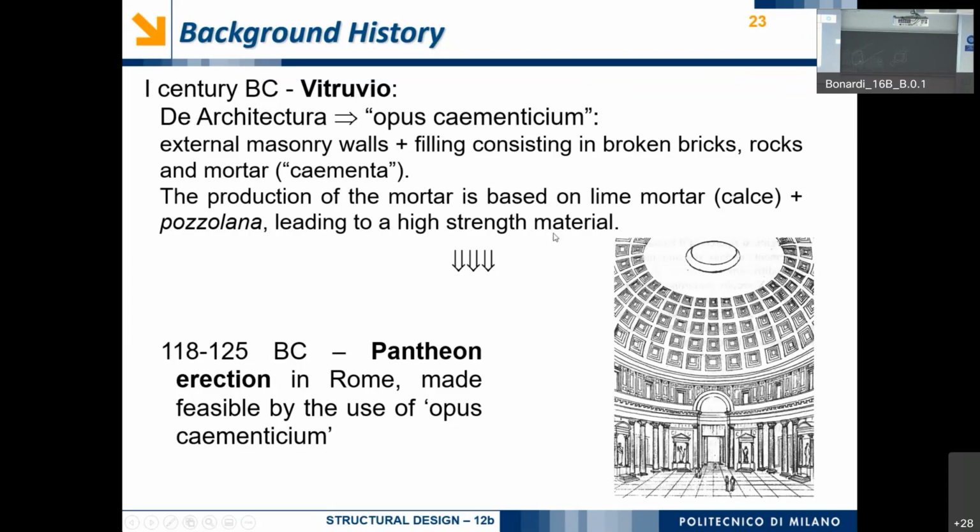Basically, the logic is to use a lime mortar, in Italian calce, in order to mix better the aggregates, so the small rocks, the broken rocks, that compose this material and to make actually an artificial rock.